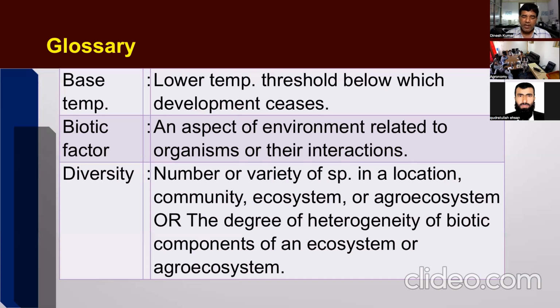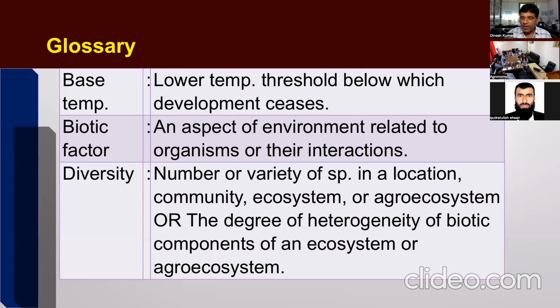It can be at different levels. Diversity can be for one field. It can be for 1 acre of land. It can be for 20 acres of land. It can be for one district, or for one province, or for a country as a whole. So diversity can be at field scale, or at agroecosystem scale, or ecosystem scale.